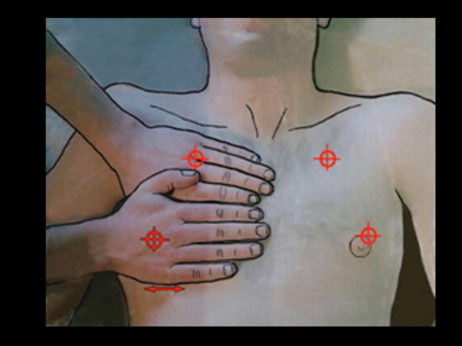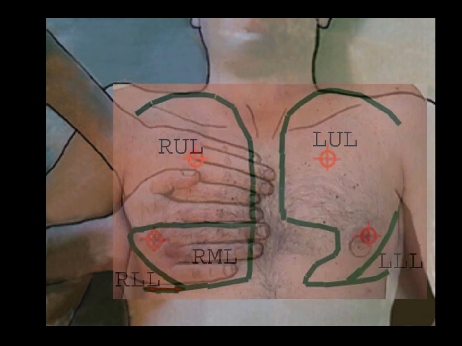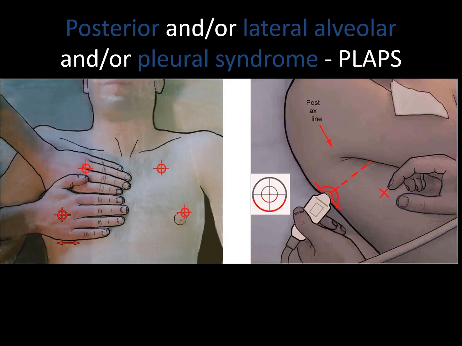Imaging at just these 4 points integrates the notion that pneumothoraces and interstitial syndromes have a wide projection. The upper blue points correspond to the upper lobes, and the lower blue points to the middle lobe and lingula. The third point of investigation is called the PLAPS point. PLAPS stands for posterior and/or lateral alveolar and/or pleural syndrome.